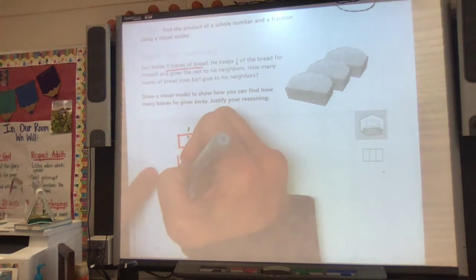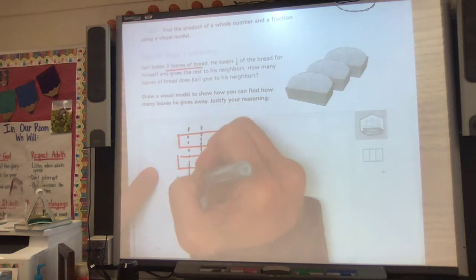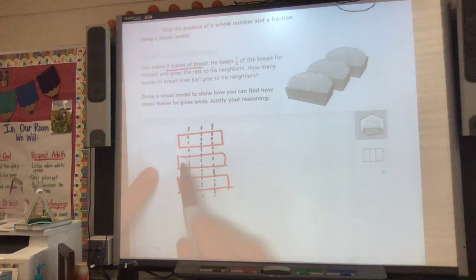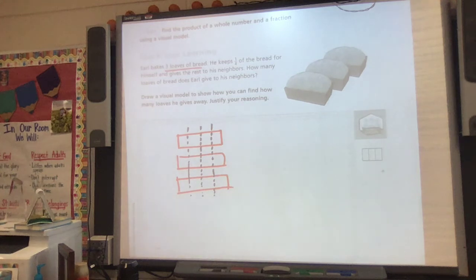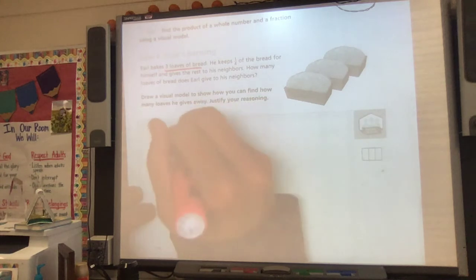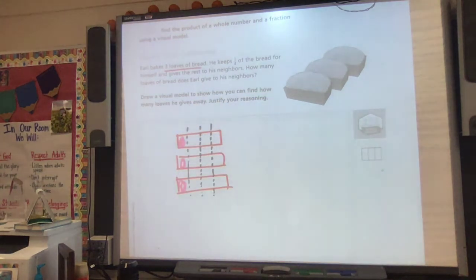So, 1, 2, 3, 4. See, each loaf is in 4 parts. Now he's keeping 1/4 of that for himself. So what he's keeping is this, here's 1 of the 4ths. But our question says, how much does he give his neighbors?